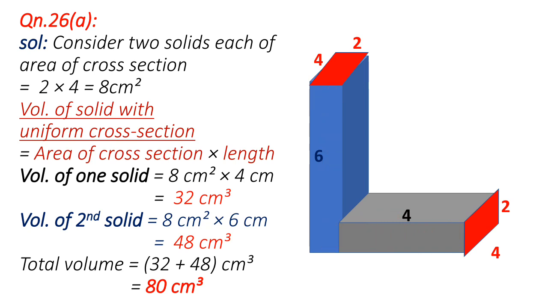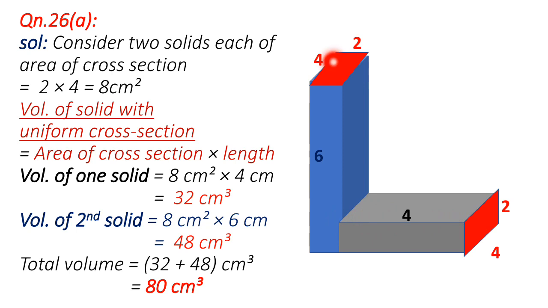From the previous part, we have the idea that if we multiply the cross sectional area with the length, as this cross section is uniform, this red cross section is uniform up to that length. So for the calculation of the volume of that solid, we use the cross sectional area, that means 2 into 4 gives that area, and that area should be multiplied with that length, because this area is uniformly continuous up to that length 4 given here.